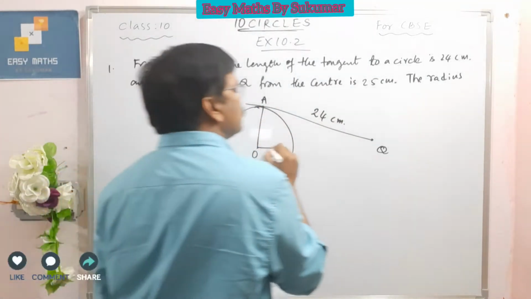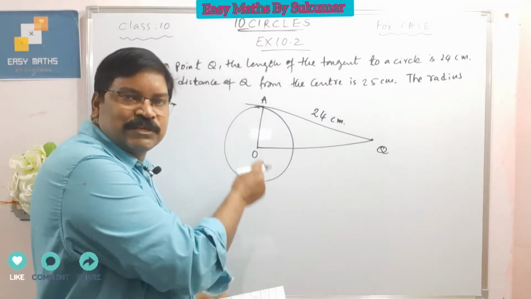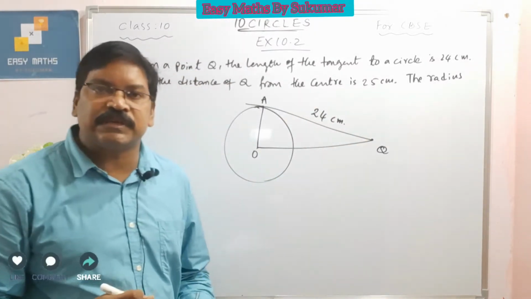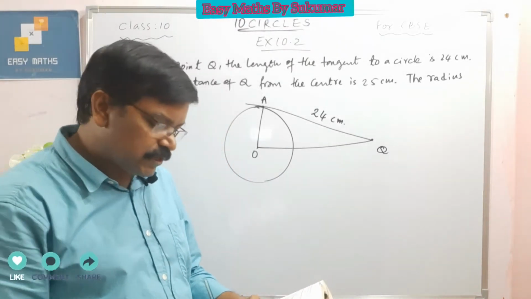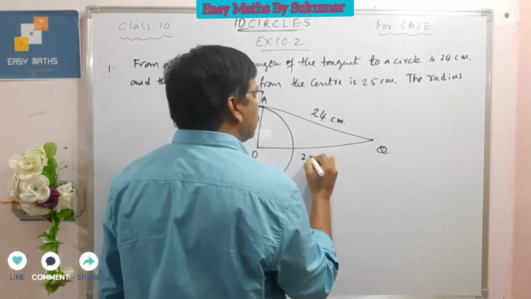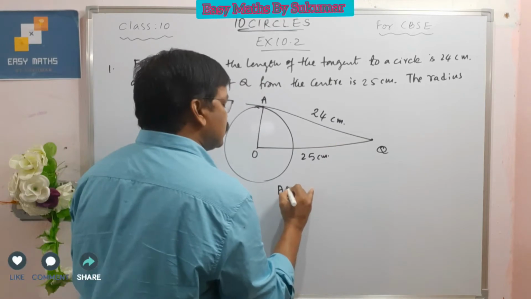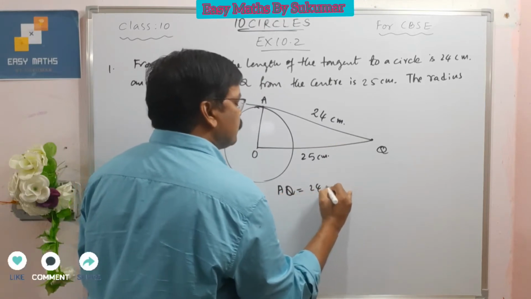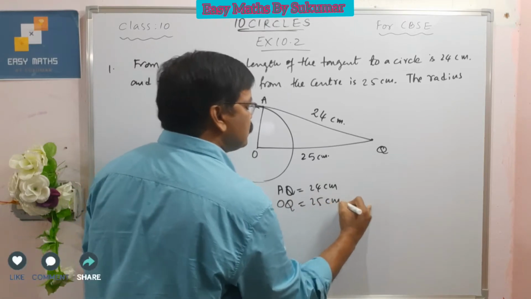And OQ is the distance between the center and the external point of a circle. What else is given? The distance of Q from the center is 25 centimeters. That means OQ is 25 centimeters. So AQ is equal to 24 centimeters and OQ is equal to 25 centimeters.